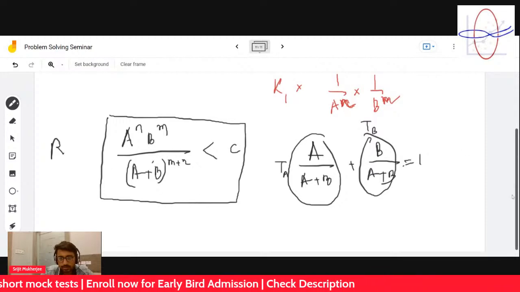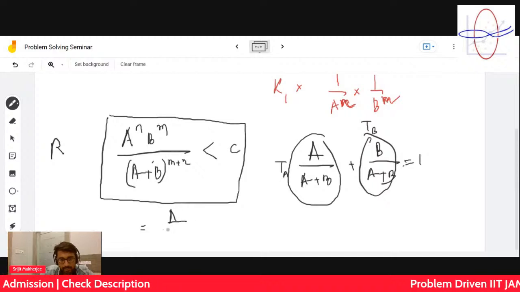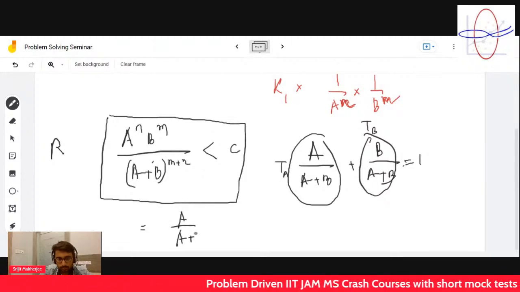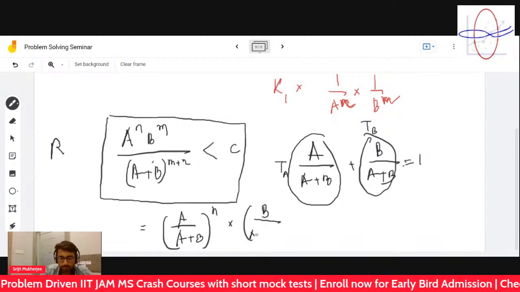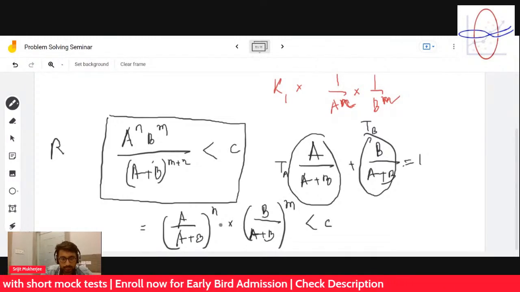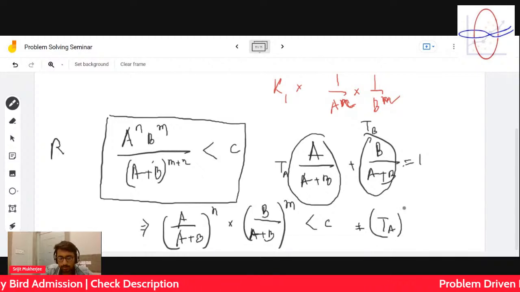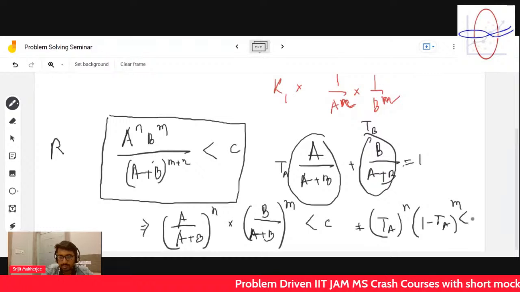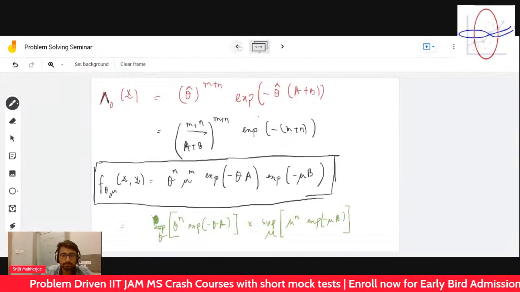So you can write it as (a by a plus b) whole to the power n times (b by a plus b) whole to the power m less than c. That means ta to the power n times (1 minus ta) to the power m less than c. This ta is equal to t actually. So we can write the equation in terms of t.